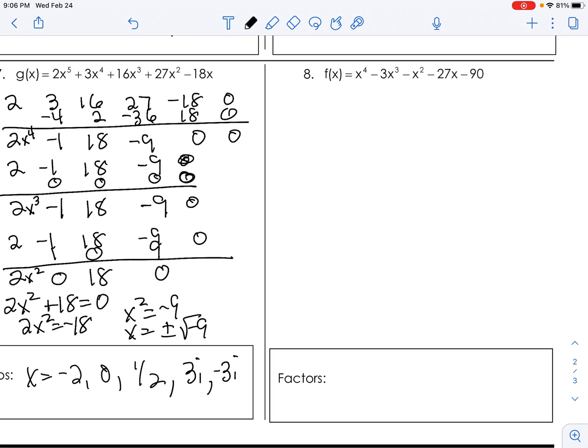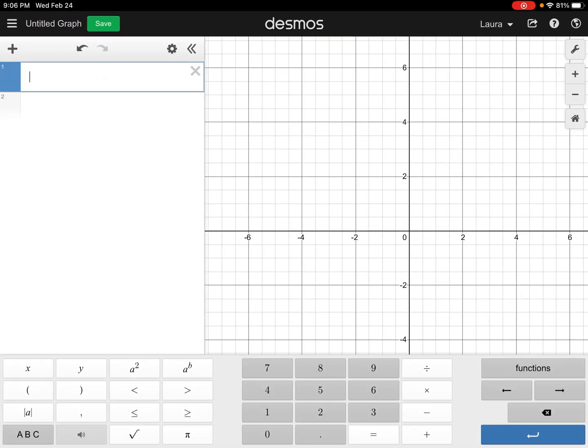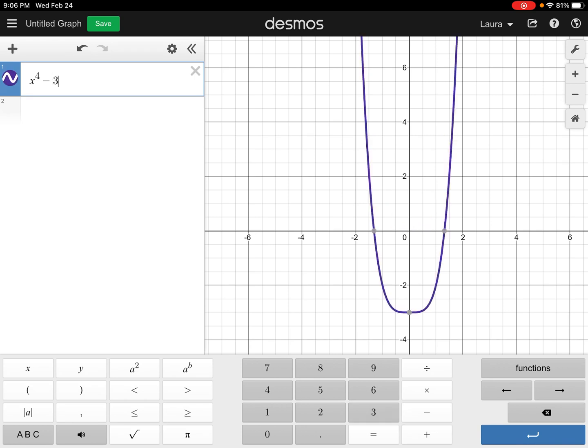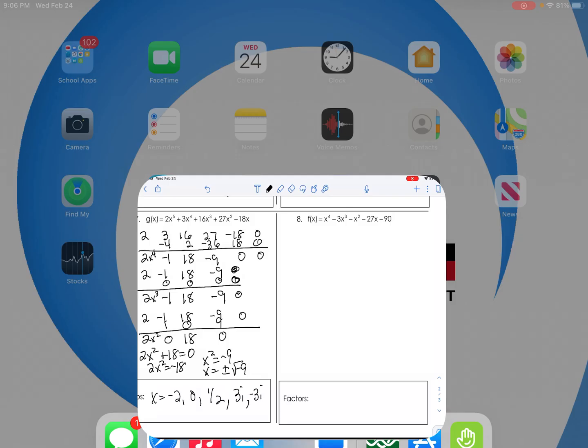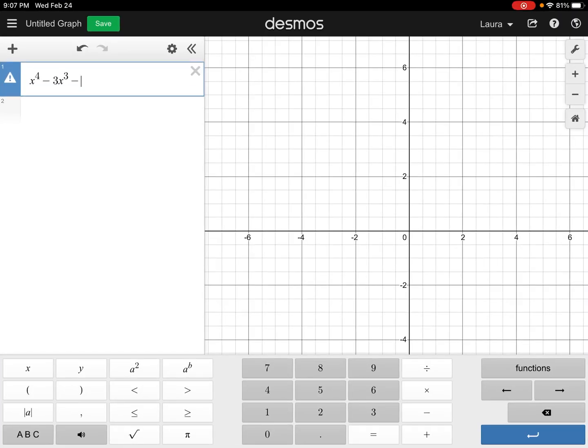Last one. Again, Desmos. So x to the fourth minus 3x cubed minus, oh, I forgot already, minus x squared minus 27x minus 90.